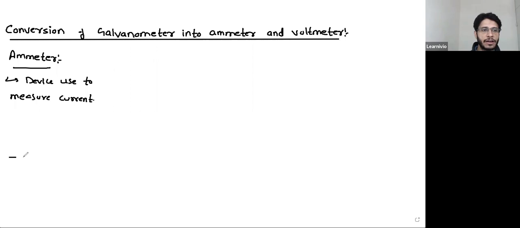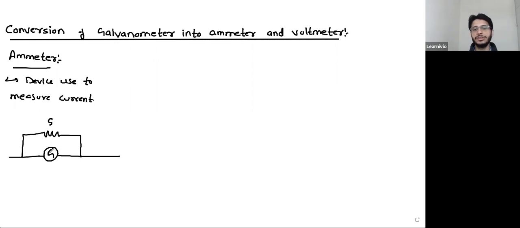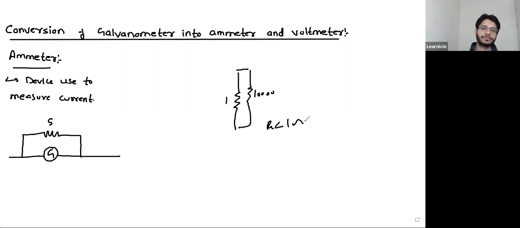So you have this galvanometer G. I want to convert this galvanometer into an ammeter. To do that, just connect a very small value resistance S in parallel with G. If you remember, in parallel combination, if I take two resistors in parallel, one of 10,000 ohm and another of 1 ohm, then the equivalent resistance will be less than 1 ohm.